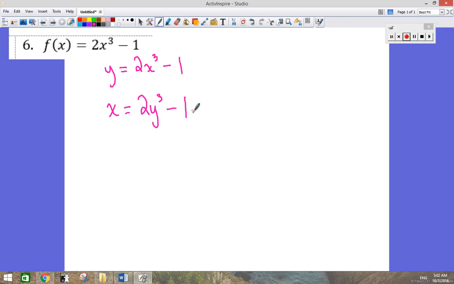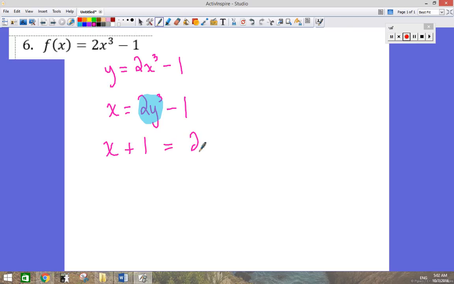So now I'm going to solve this equation for y. On the right hand side I have two terms. The term that has my variable of interest, this y, is the first term. So to get that term by itself, I'm going to add 1 to each side of the equation.